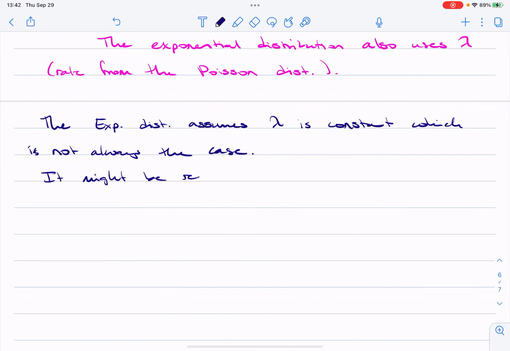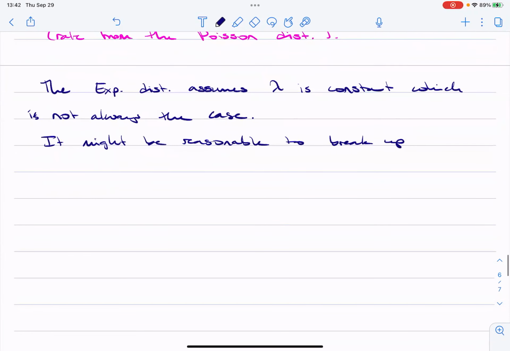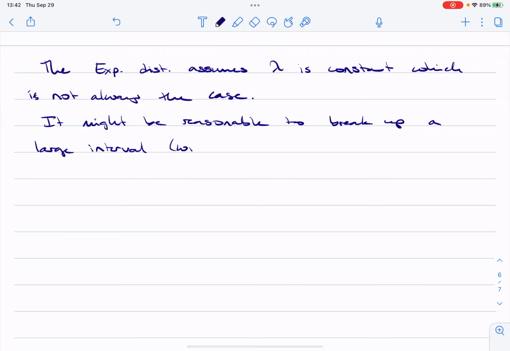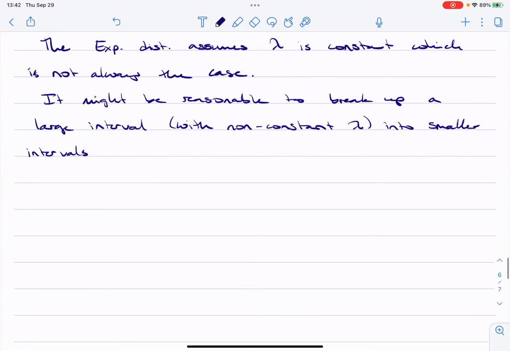It might be reasonable to break up a large interval with non-constant lambda into smaller intervals with constant lambda. So that's one way that you can get around that.